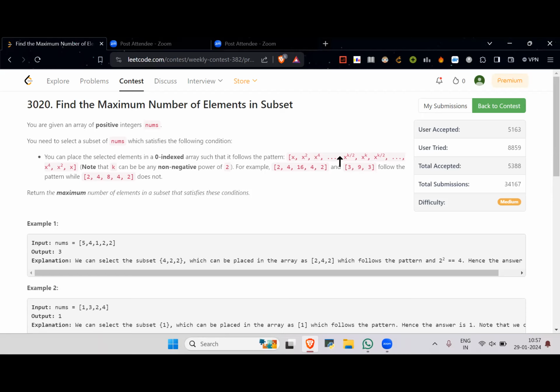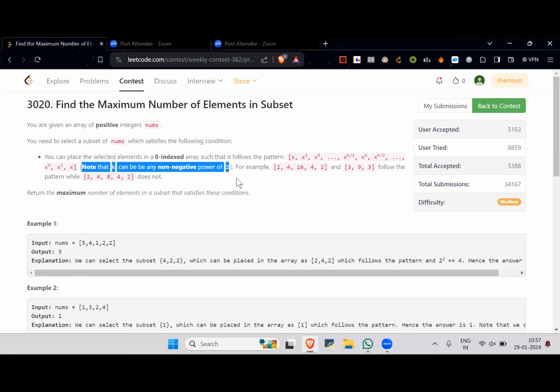Also, we need to note that the highest number, the peak in every array, will have a power that is a non-negative power of 2. So here it's mentioned that k can be any non-negative power of 2.